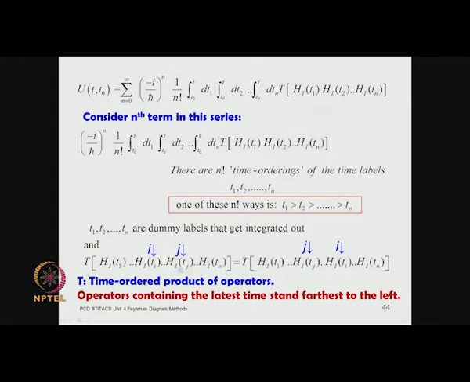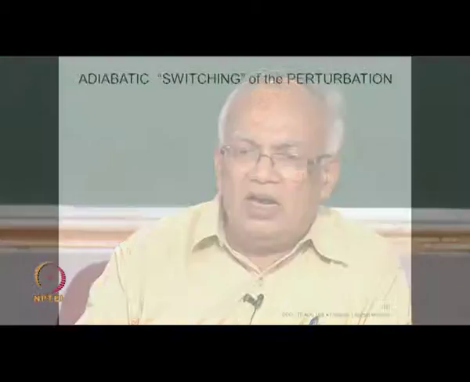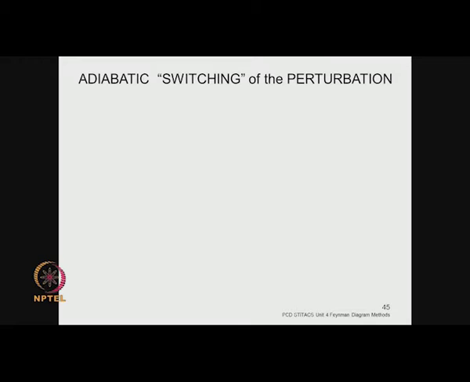So, you write t1, t2 all the way up to tn in this particular order, but then if you were to interchange it, like if you have the jth argument here and the ith argument here, it would not matter because the chronological operator T would guarantee that the latest operator will stand to the left. So, just what we showed for just two operators also holds good for n, even in the limit n going to infinity.